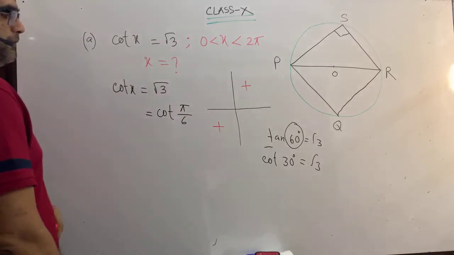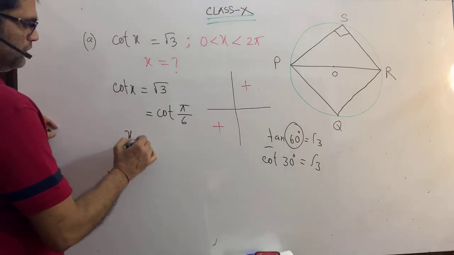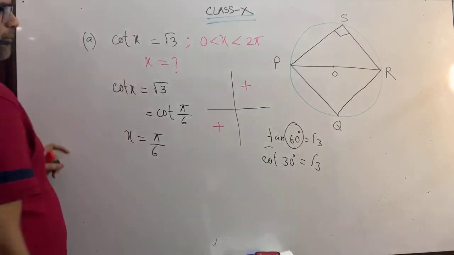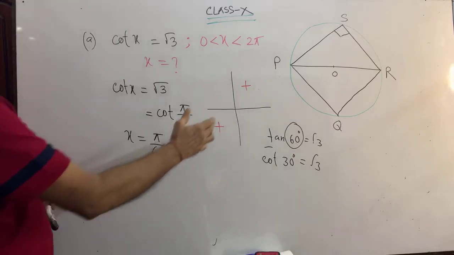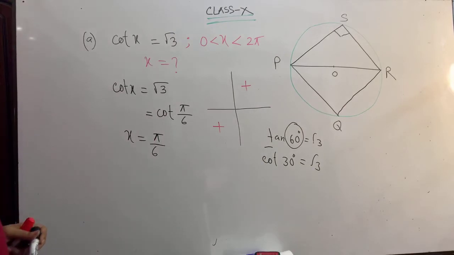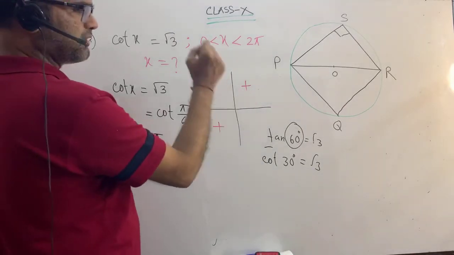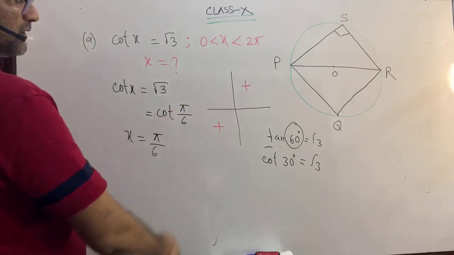That means x equals pi by 6. The math done here is in the first quadrant. 30 degree lies in the first quadrant. Now we must go to the third quadrant, right?